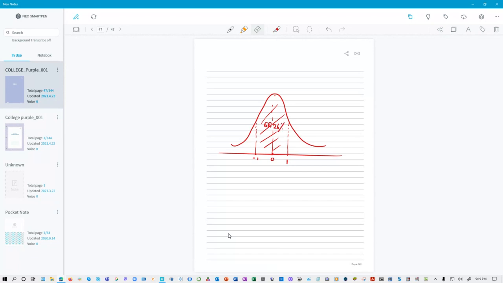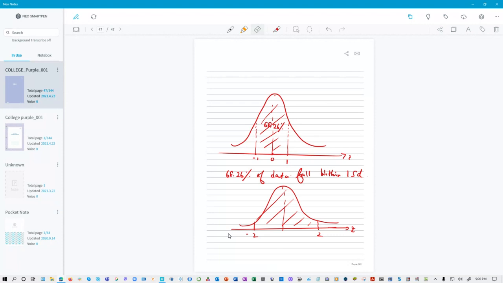And if it is 2 standard deviations, from minus 2 to plus 2, that's what within means.